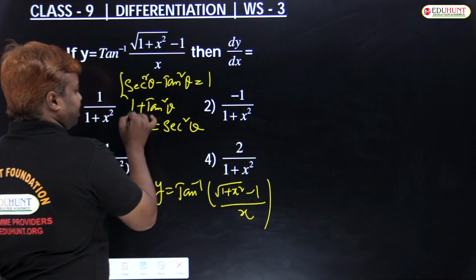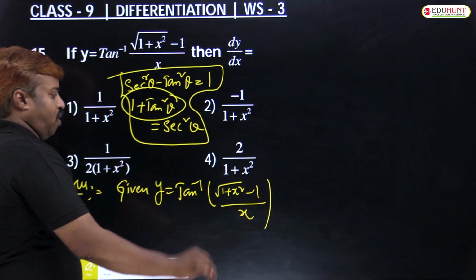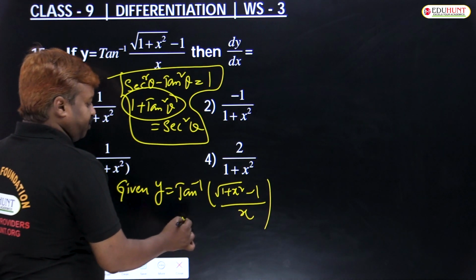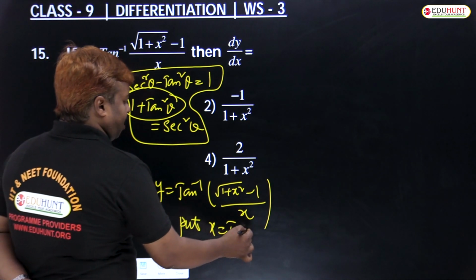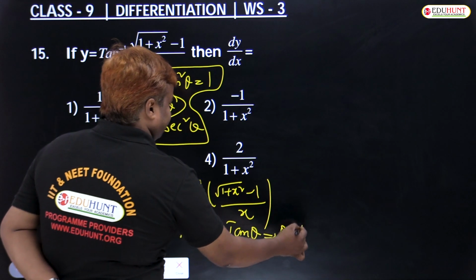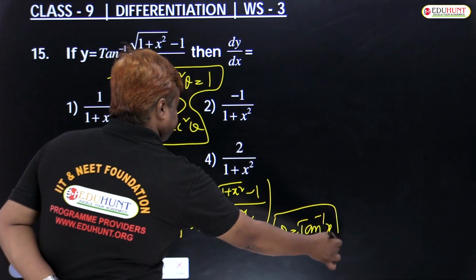By substituting x equal to tan theta, we get 1 plus tan square. Now I'll put x equal to tan theta, and that implies theta is equal to tan inverse x.